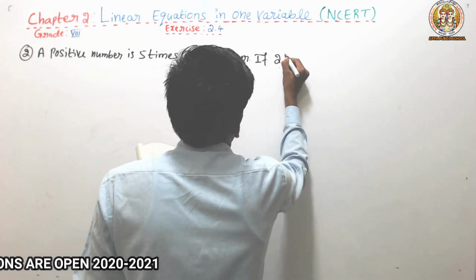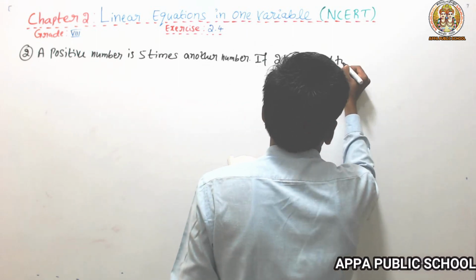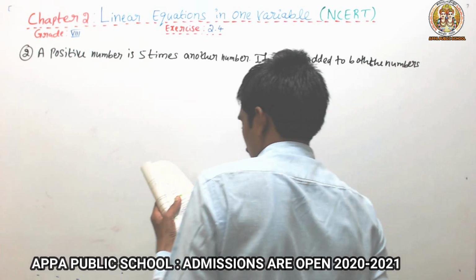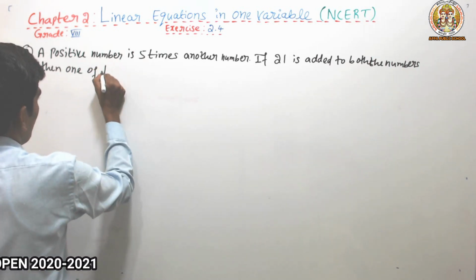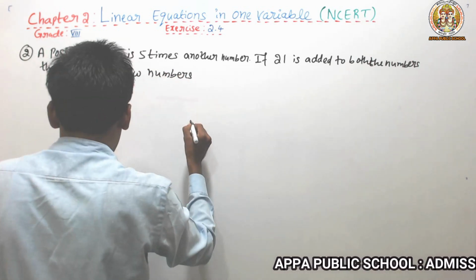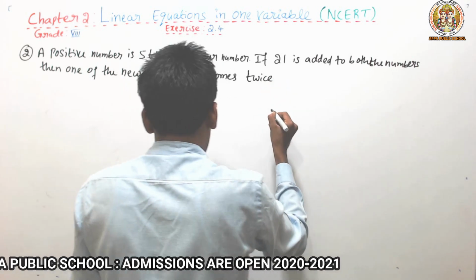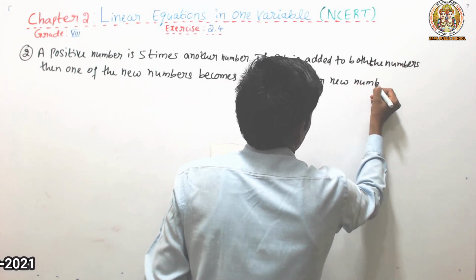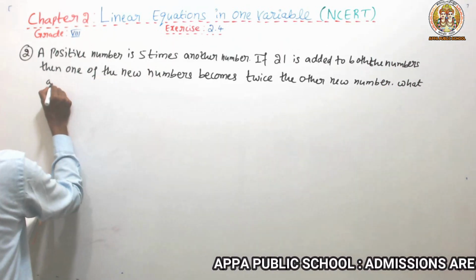If 21 is added to both the numbers, then one of the new numbers becomes twice the other new number. What are the numbers?